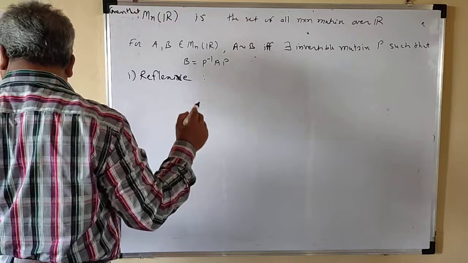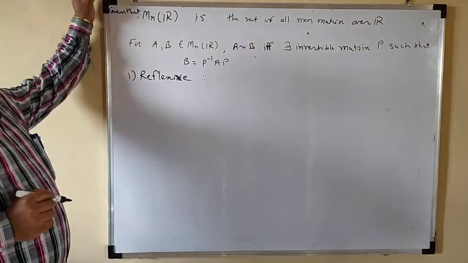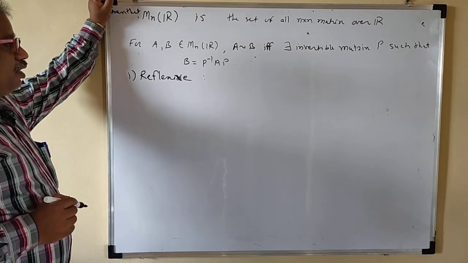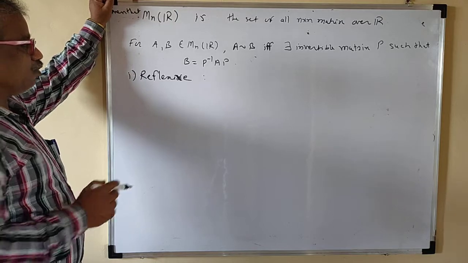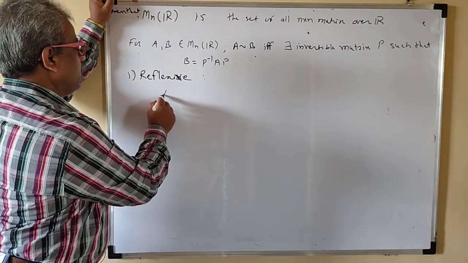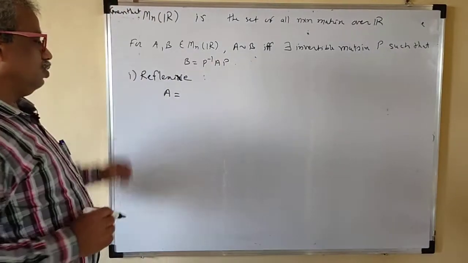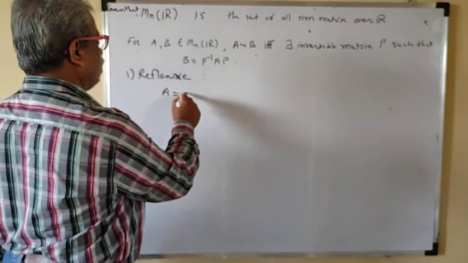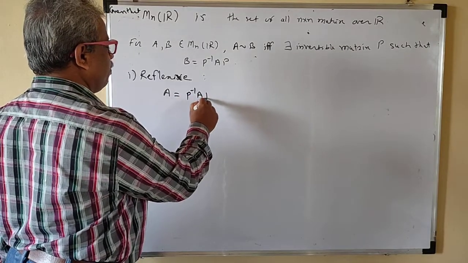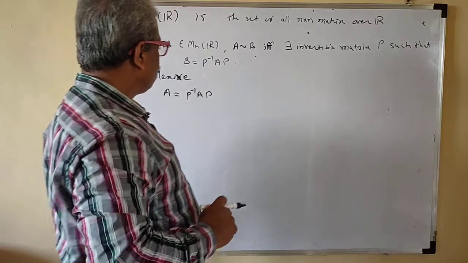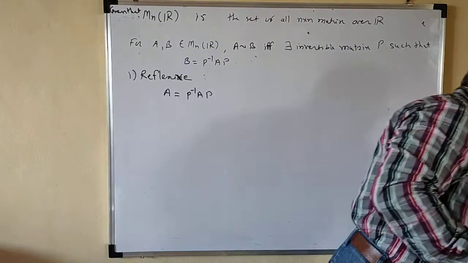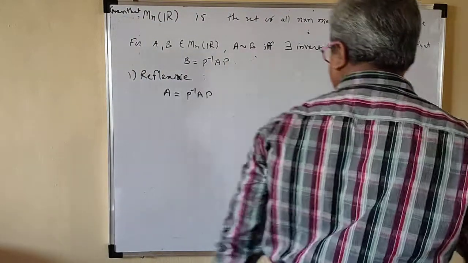Reflexive means A is related to A. That means A is equal to P inverse A P. Is it true? If this is true, then we are done.